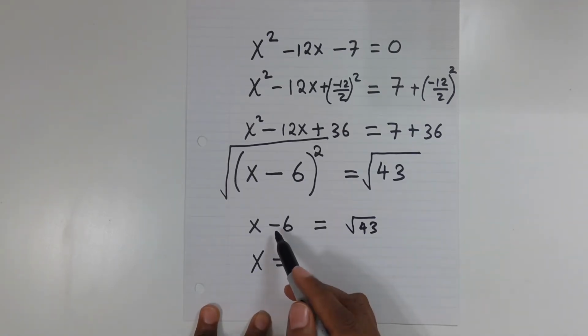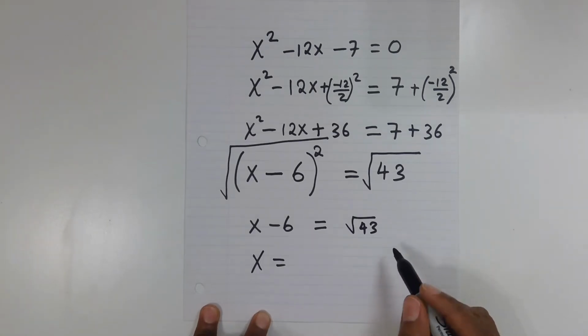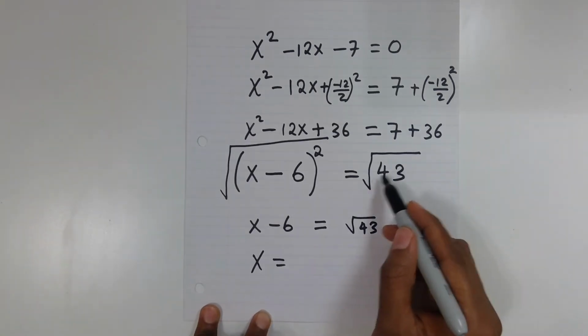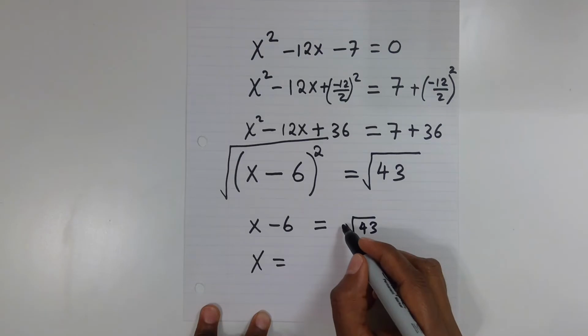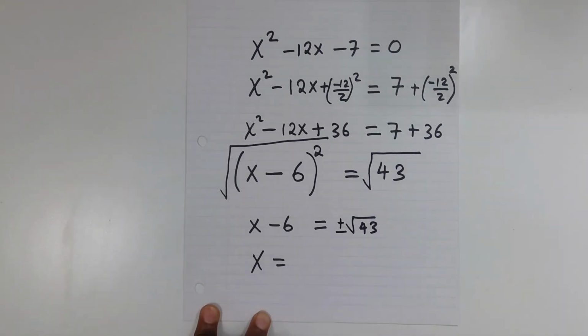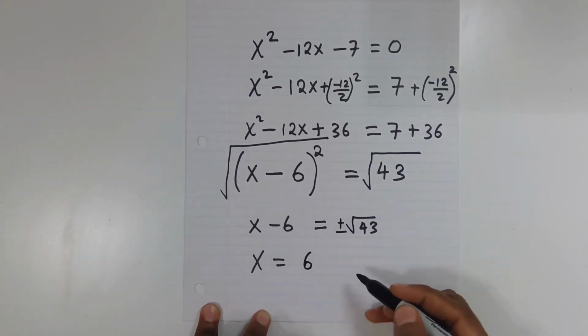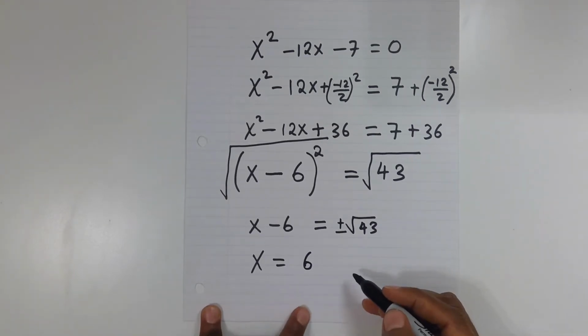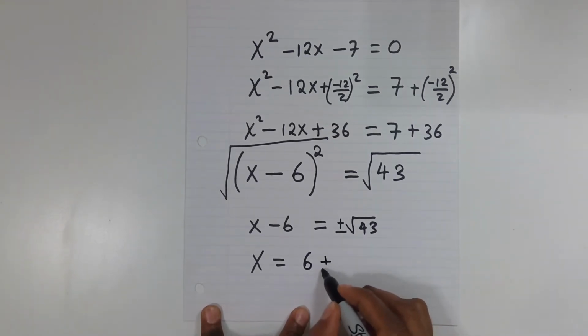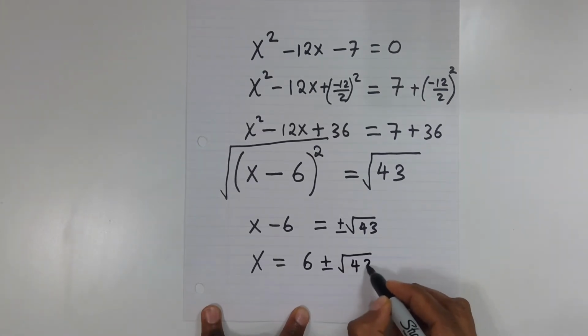The sign changes to positive. When you square root a whole number, remember you always have plus or minus. So x is equal to 6 plus or minus the square root of 43.